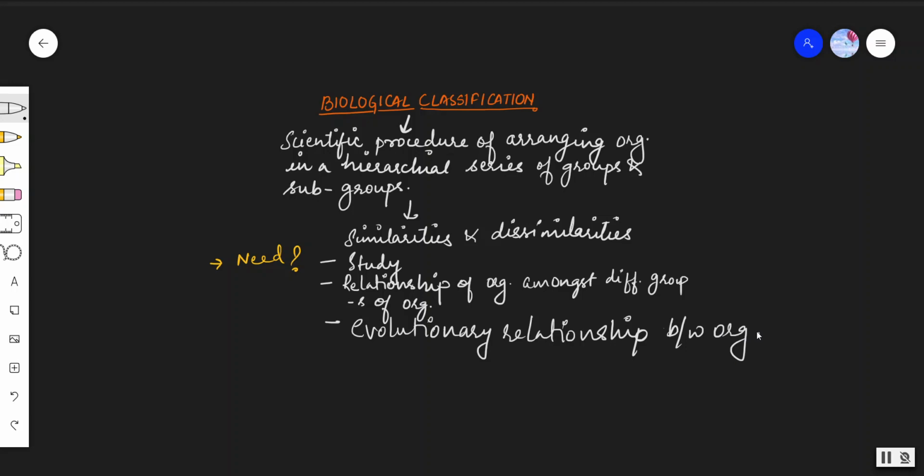To do some scientific study, to know the relationship of organisms amongst different groups of organisms, then to know the evolutionary relationship between the organisms. Clear? So these are the points. That's why we need biological classification to be done.